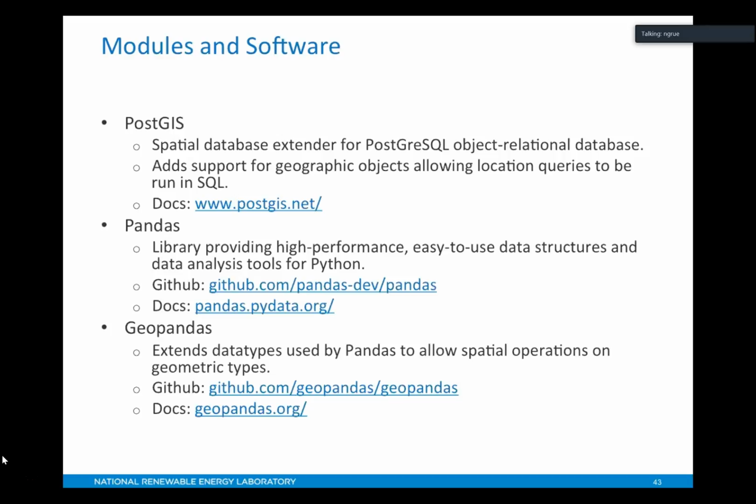GeoPandas just expands on Pandas. It basically does what PostGIS does for Postgres. It adds the ability of doing spatial operations on a Pandas data frame. And so you can do things like buffers and union and intersection, all those things. That's what GeoPandas adds to the Pandas library itself.